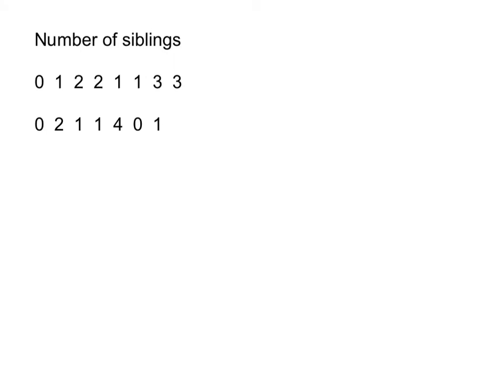Now it's your turn. Try making a dot plot for this set of data, representing the number of siblings people have. Remember, start by making your horizontal axis.